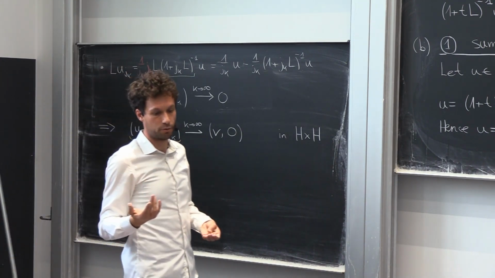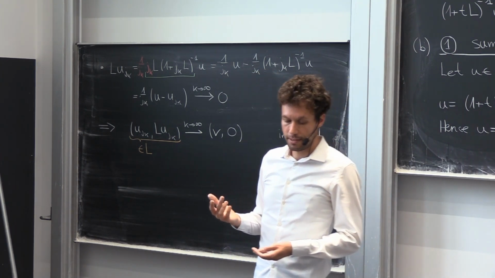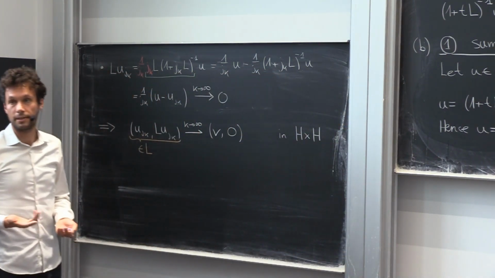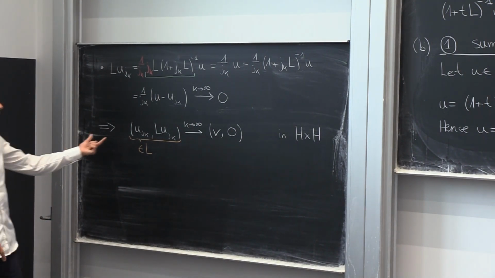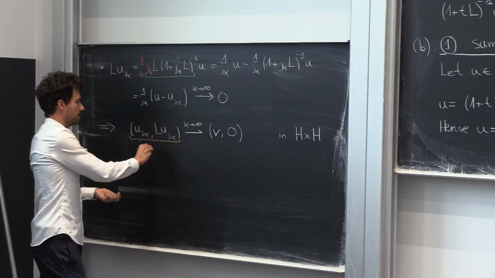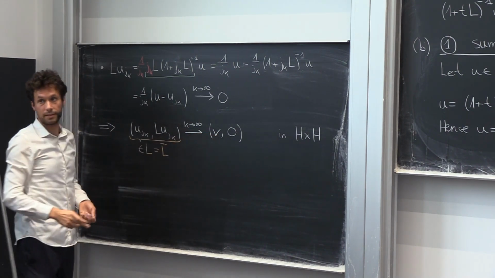And L is closed. So what does it mean? Now I use the lemma over there. I have a sequence in L, which is the same as L bar, that converges weakly to this element.